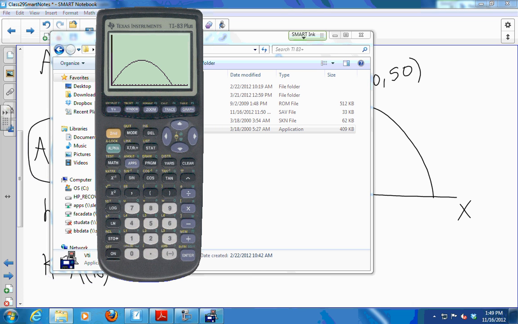So I want to find that maximum point. I want to find that high point. Use the command in the calculate menu, option 4, maximum. You give a left bound, and a right bound, and a guess. Oh, shoot.